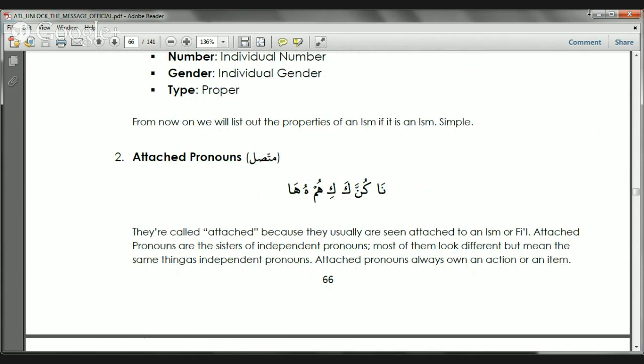We said we have attached pronoun, right? Attached pronoun has what? Status, number, gender, type. We're studying attached pronouns, right?